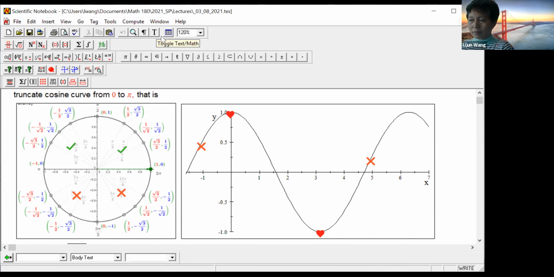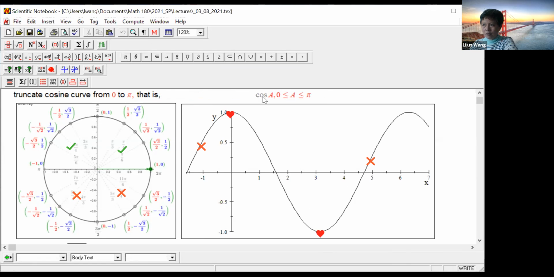We did this on the curve, but algebraically, how do we express it? It's cosine A, and A is between 0 and pi. That's a description of this piece of curve from heart to heart. Everything else is off.